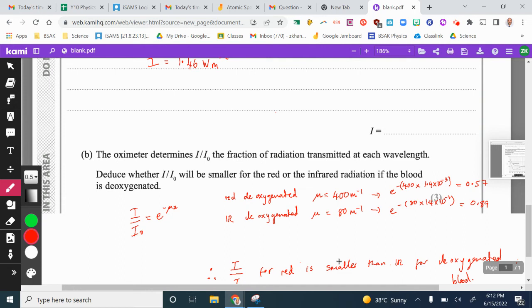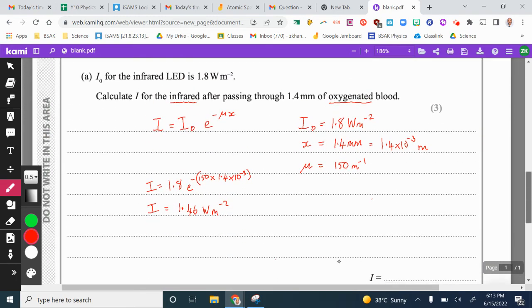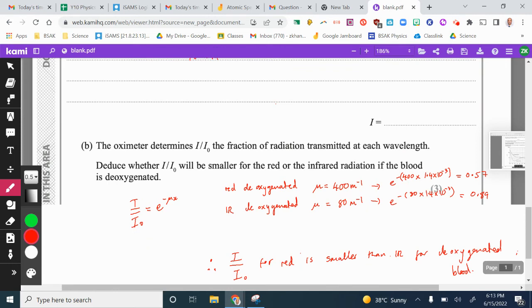I'm going to pop that into this expression because it wants to know which one is smaller, red or infrared. So e to the minus 400 times x, which was 1.4 times 10 to the minus 3, as it's passing through 1.4 millimeters of blood, and we get a fraction of 0.57.